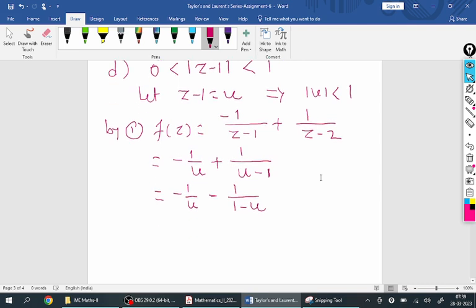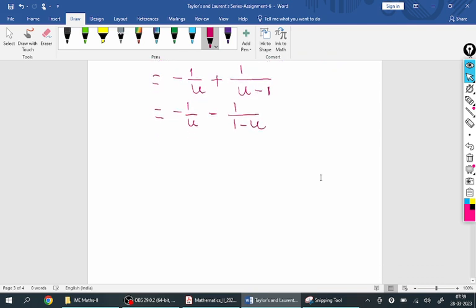And last step then, let me expand in the powers of u now. So the first term remains as it is, minus 1 by u, and the expansion of 1 upon 1 minus u is 1 plus u plus u square plus so on. And that is the end of the question. But don't forget to resubstitute the value of u, because the given question is in terms of z.